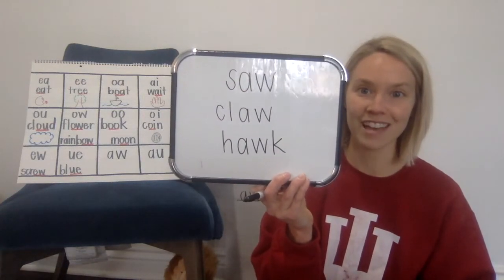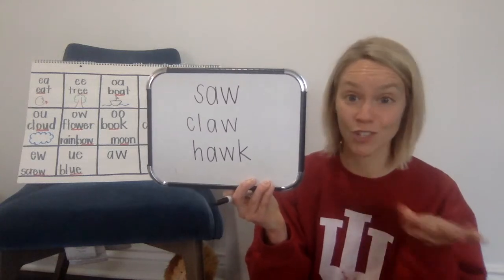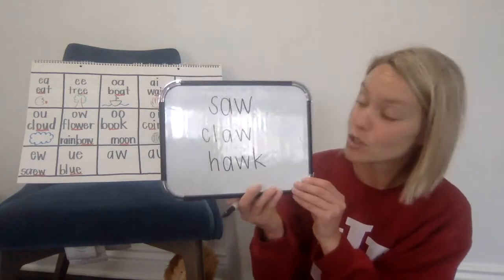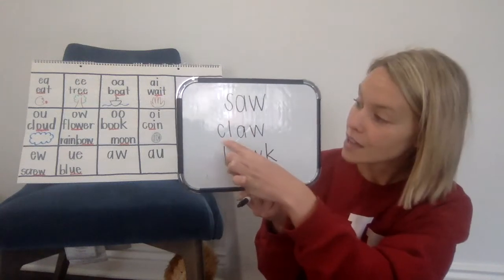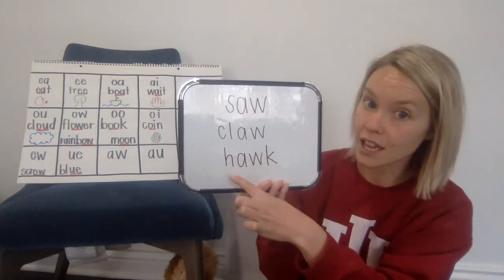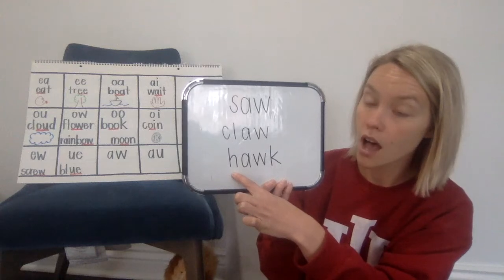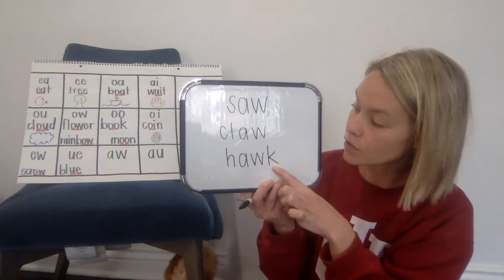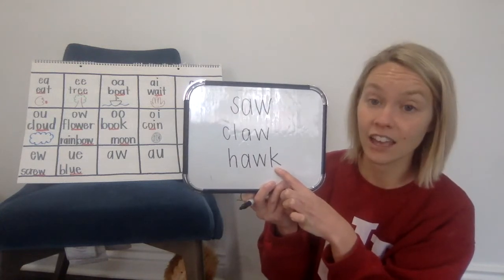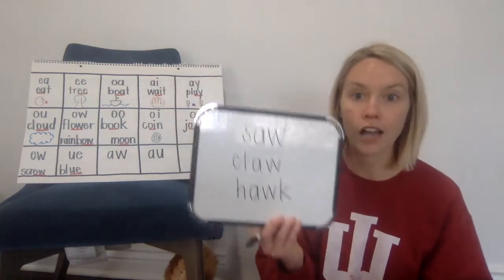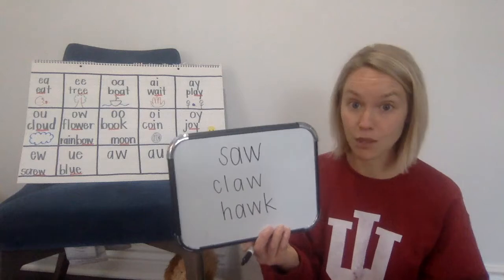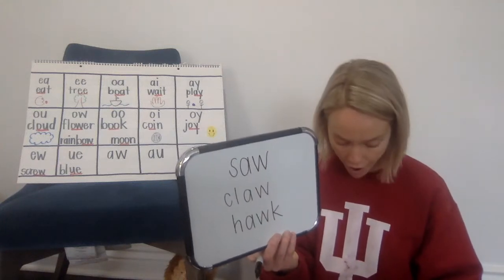Does yours look like mine? If not, that's okay. You can change it. I wanted to change the word claw to hawk, so I took away the cl at the beginning and changed it to h. And then at the end of the word, I added a k. Hawk. A hawk is a type of bird. Maybe that's something you can go outside and try to look for, a hawk.